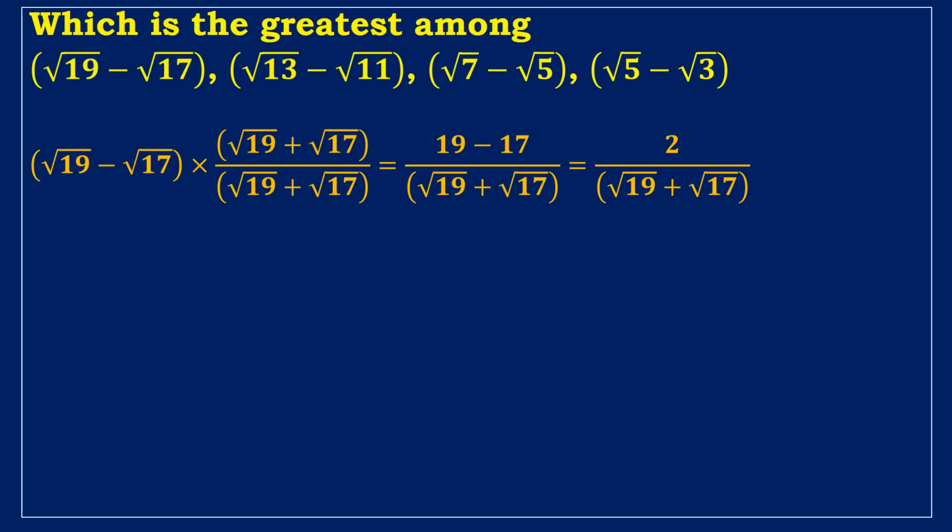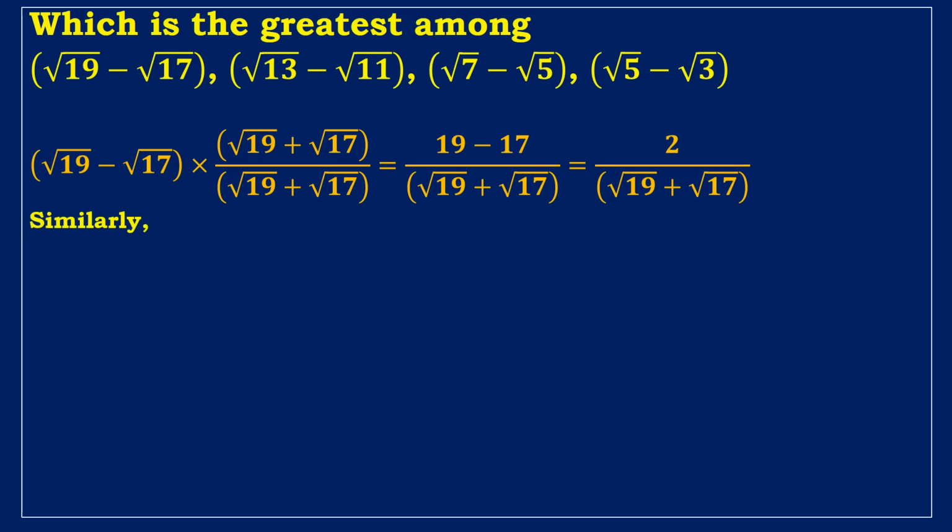Here, a square is the square root of 19 squared, which is 19. b square is the square root of 17 squared, which is 17. The difference between 19 and 17 is 2. Then the result becomes 2 divided by the square root of 19 plus the square root of 17.